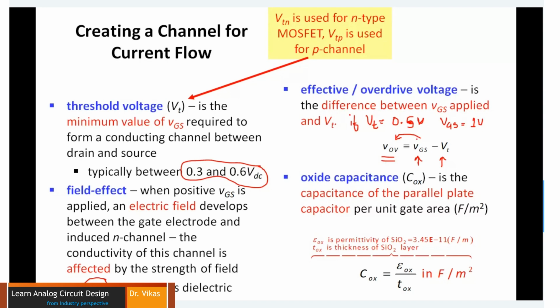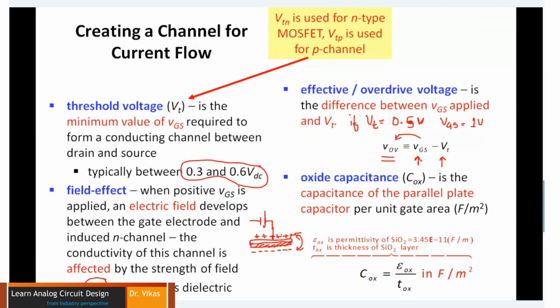At the same time, there is one more important thing that happens. In a cross-sectional view of a MOSFET, there is an oxide layer, on top of that there is a metallic connection, and beneath it a channel being formed. Assuming this is an NMOS, you have applied a positive voltage, and negative charges accumulate here, and a capacitance develops. That is the oxide capacitance.